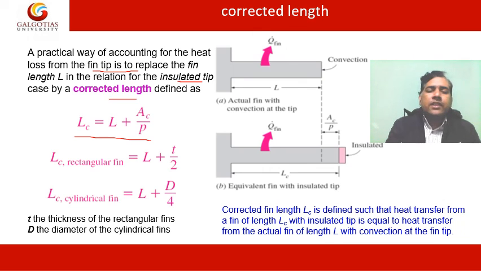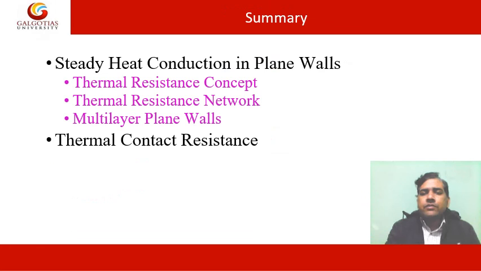Here t is the thickness of the rectangular fin and D is the diameter of the cylindrical fin. In both cases these are the corrected lengths that can be utilized for the solution of this problem. The corrected length is defined such that the heat transfer from the fin of length Lc with an insulated tip is equal to the heat transfer from the actual fin of length L with convection.